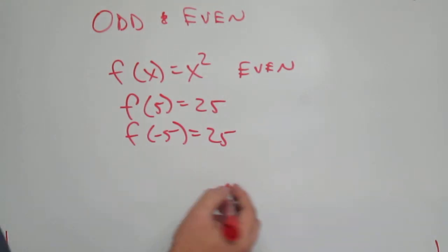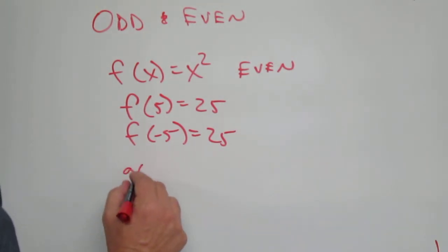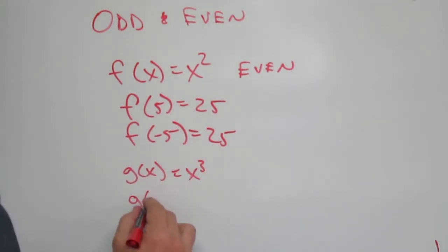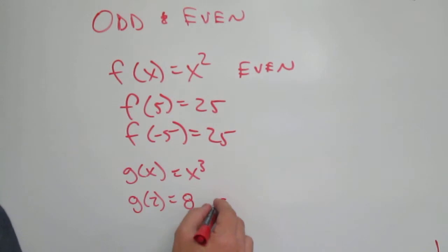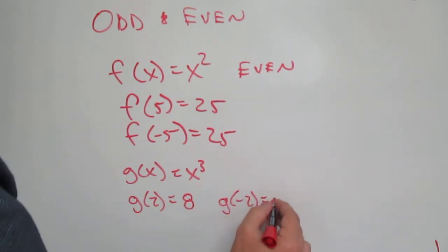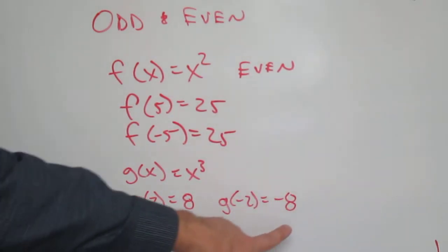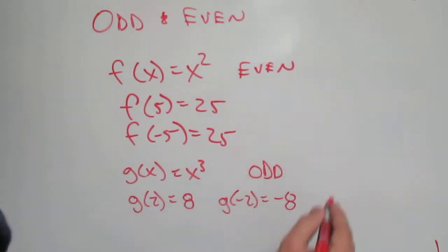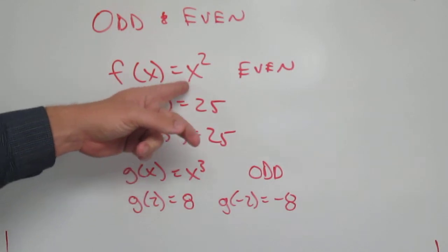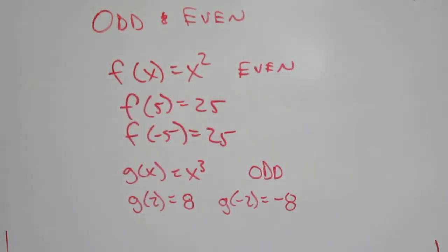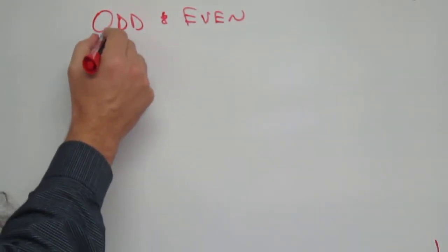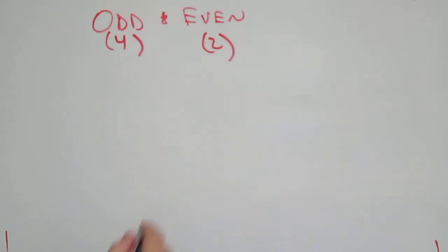And if we had an odd function like x cubed, and I took something like the g of 2, that's 8, g of negative 2 would be negative 8. So I get the same number, different sign on an odd function. I get the same number on an even function. So how does that apply to the trig functions? There are 4 odd functions and 2 even.